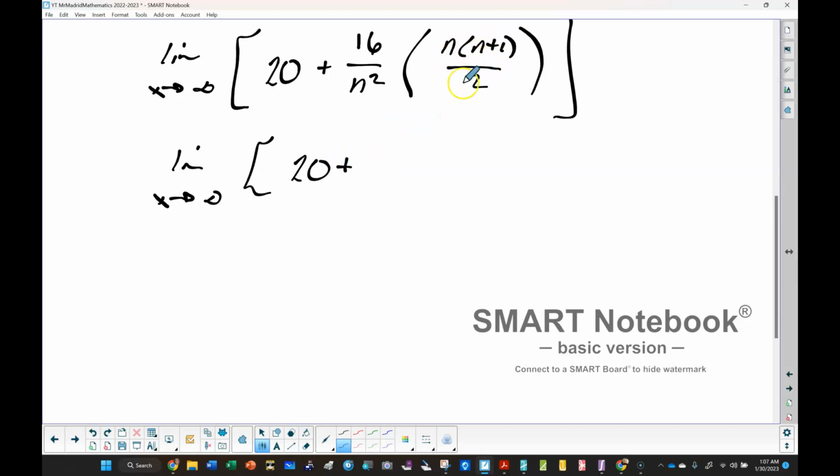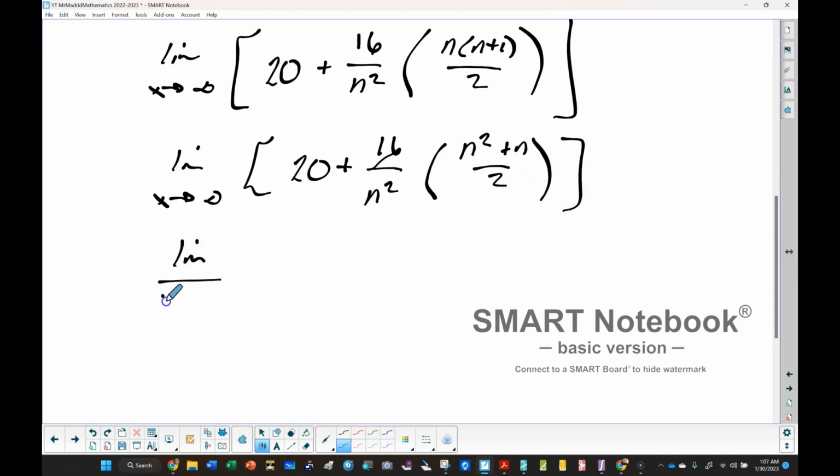There's going to be repetition, so once you see this, you can write it in this form, which is n squared plus n over 2. We got the 20.